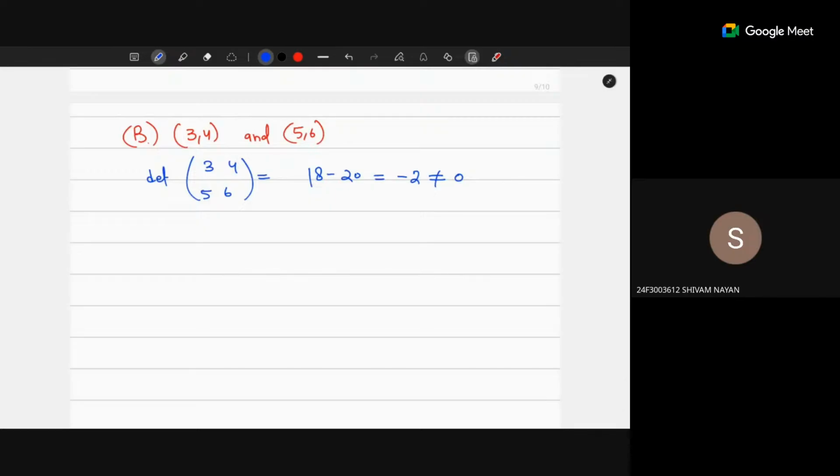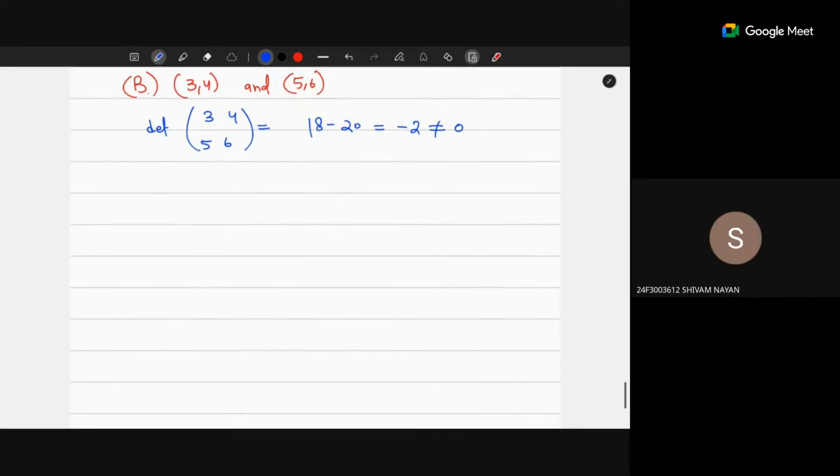You form the row matrix from that and take its determinant. If it is non-zero, that means the given set of vectors forms a basis of R2 or Rn. So in this case, it does form a basis.